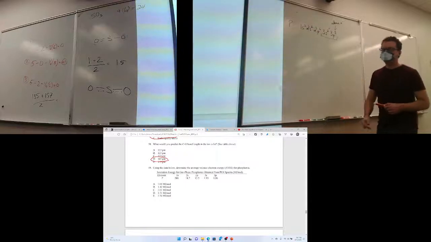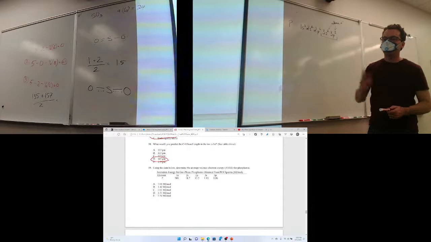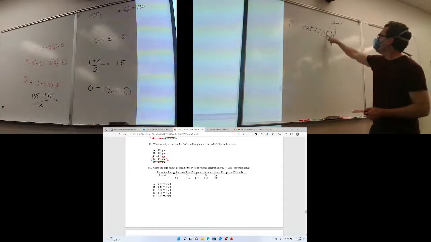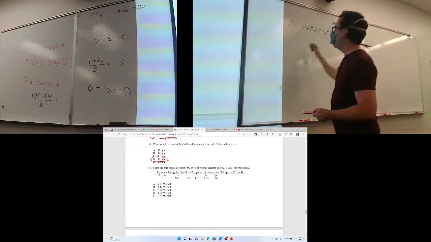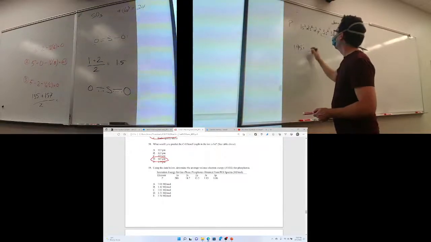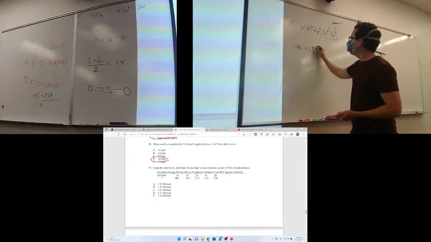And I have to consider all of their ionization energies to calculate the average valence electron energy. To remove the first electron in here, it would be 1.95.